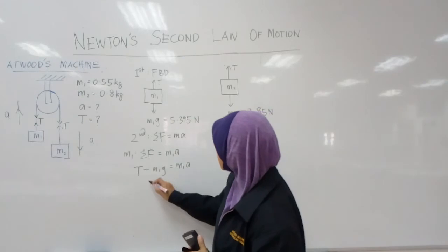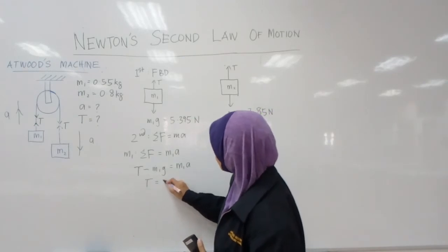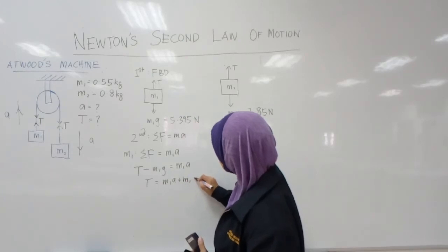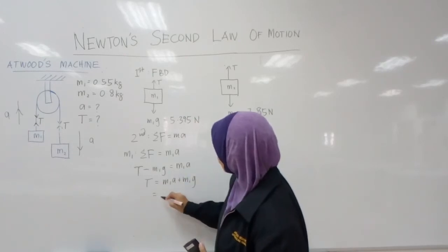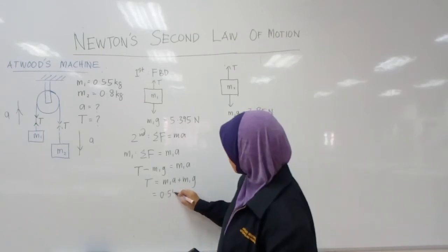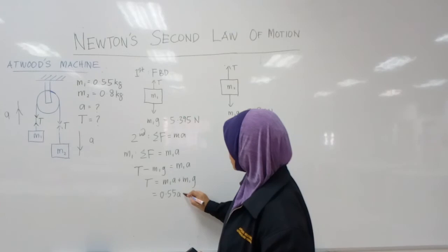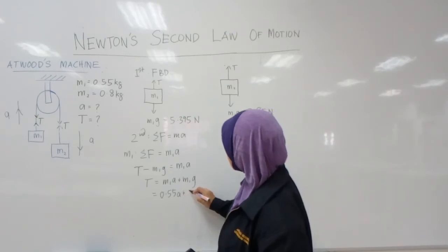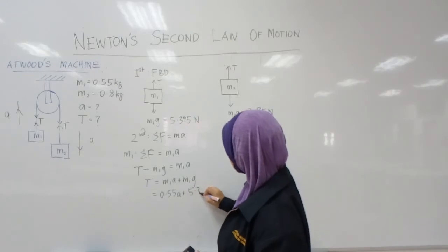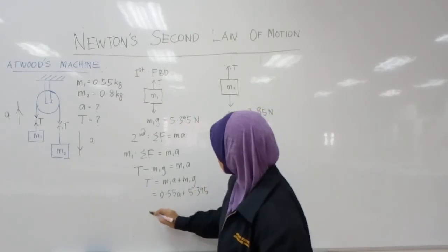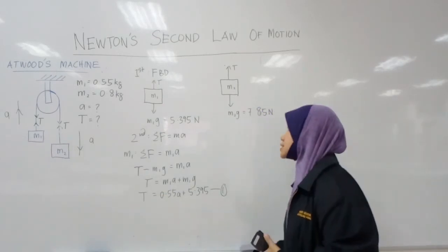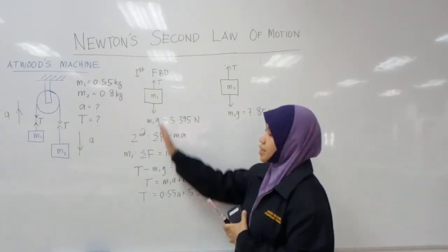From here you will get T is equal to M1A plus M1G. So T is equal to 0.55 A plus 5.395. This is the first equation, the equation from object 1.